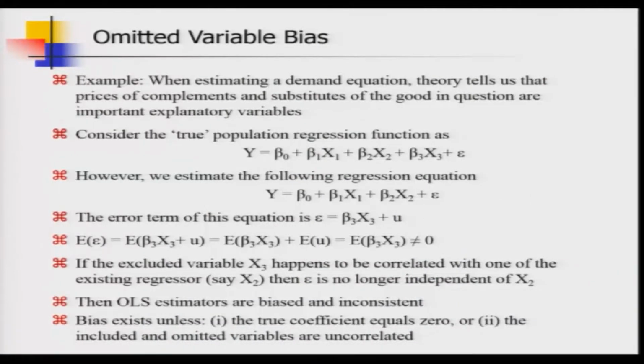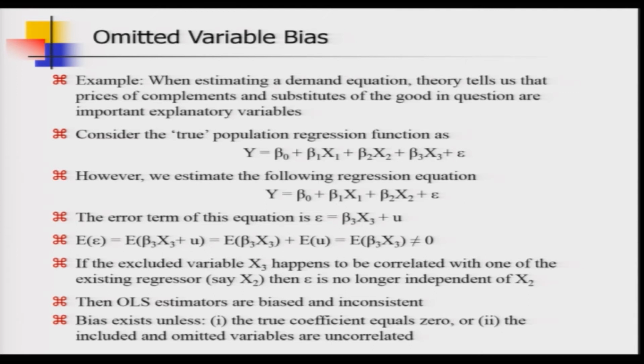The mean could be positive, it could be negative, but it is certainly not 0. Why is the expected value of epsilon not being equal to 0 a big deal? Because this property comes very handy when you are trying to establish the unbiasedness of the OLS estimators.